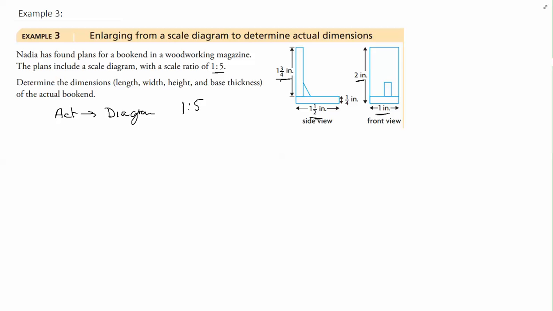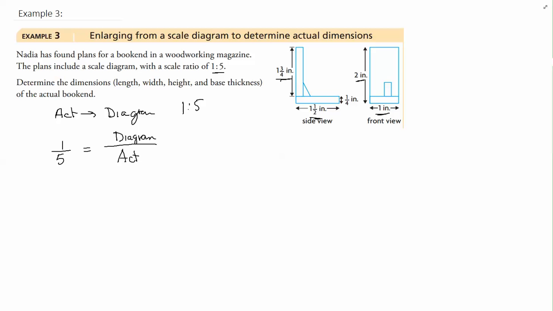Our side view is 1.5 inches wide. What would be the actual width? And so on. Okay. So let's start. We have 1 over 5, and that's equal to the diagram over the actual object.